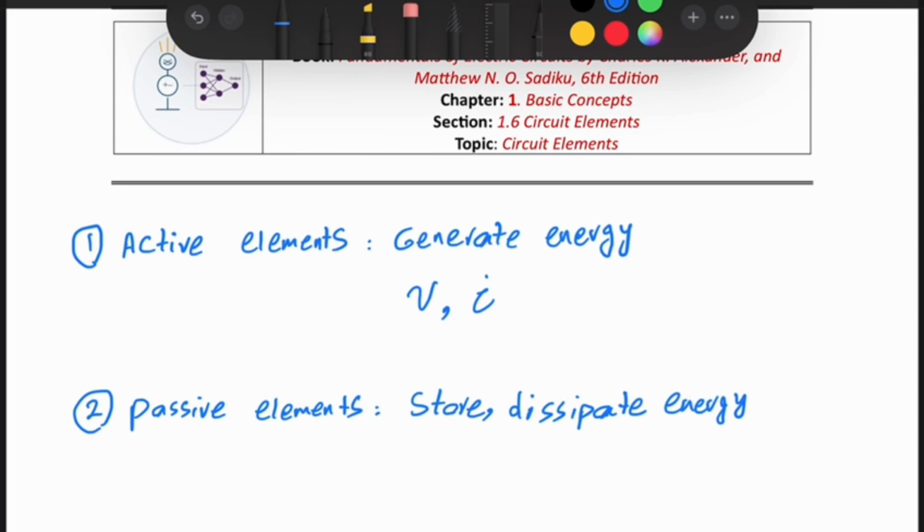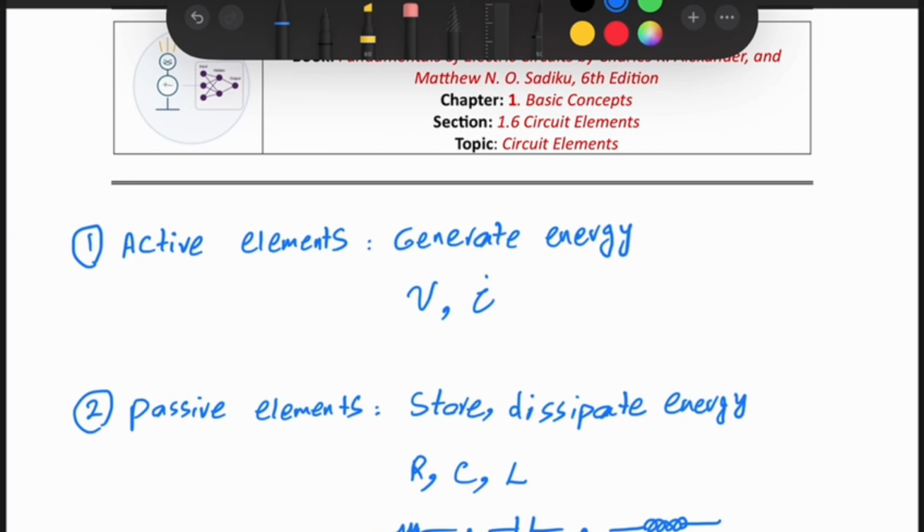Examples of this can be resistors that we show with R, capacitors that we show with C, and inductors that we show with L. So these are resistors. Symbolically, we show them like this, capacitors like that, and inductors symbolically like this.